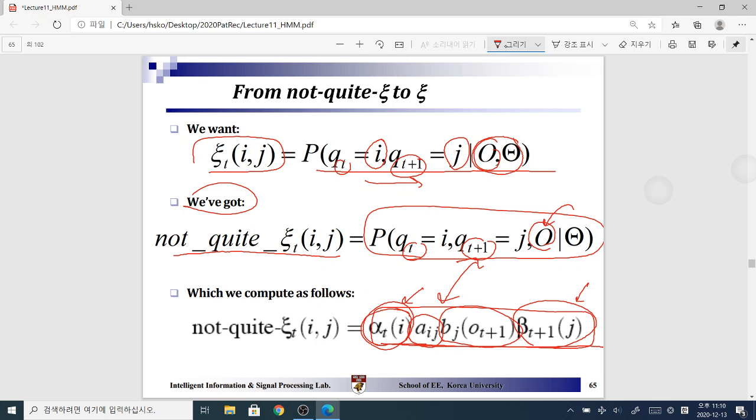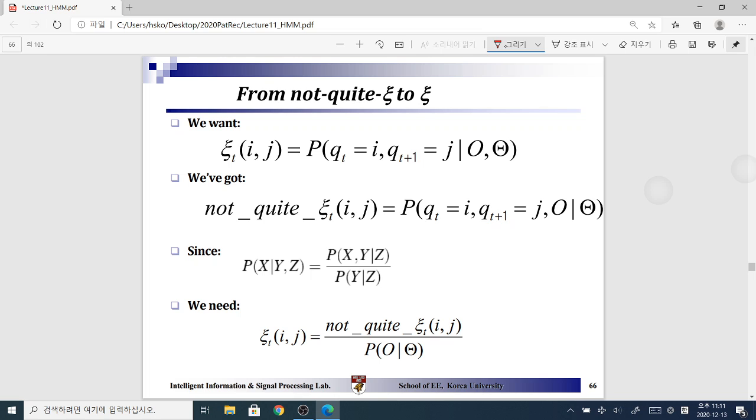So once again, alpha sub t of i represents the partial observation sequence from the front end, whereas the beta represents the probability of the observation sequence in the rear end or the tail end, and then a sub ij times b sub j of o t plus 1 represents the edge between state i at time t and state j at time t plus 1.